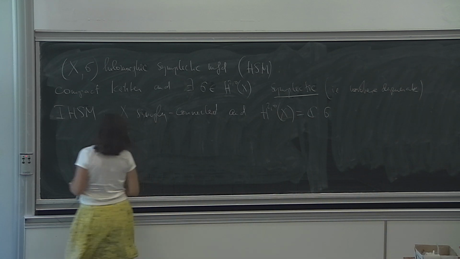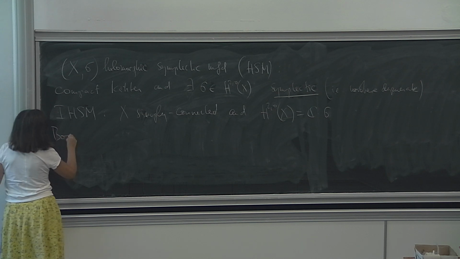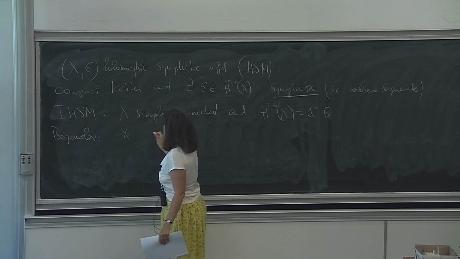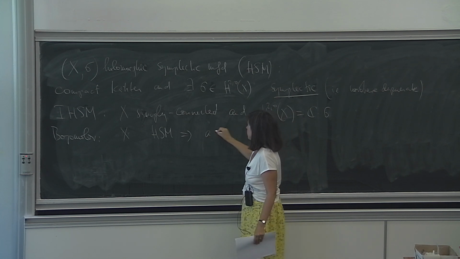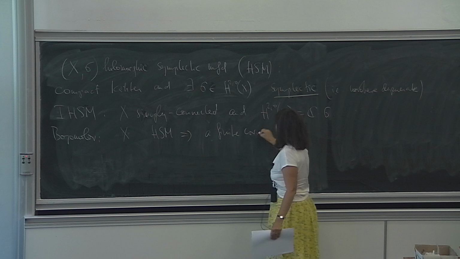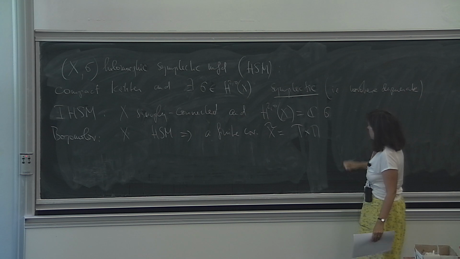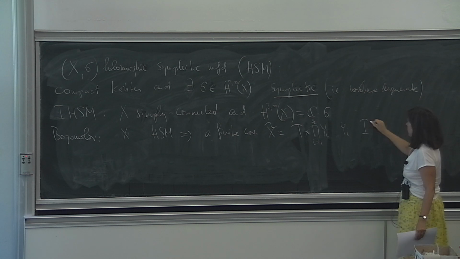There is a theorem by Bogomolov which says that every HSM, up to a finite covering, is a product of a torus and several IHSM. So if X is an HSM, then a finite covering X tilde is a torus times a product of Y_i, where the Y_i are IHSM.